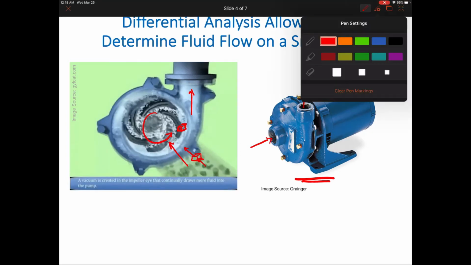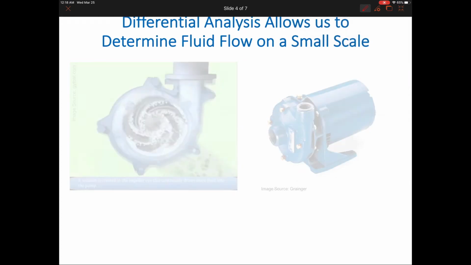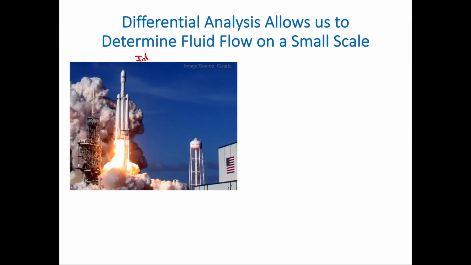To give you another example, let's consider rocketry. On the left-hand side, let's say this is an integral analysis problem. If you're not aware, this is SpaceX. This is their Falcon Heavy system. We're going to draw a control volume around this rocket.